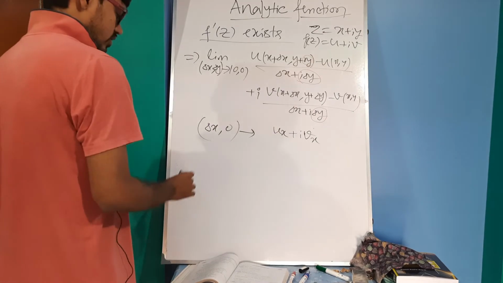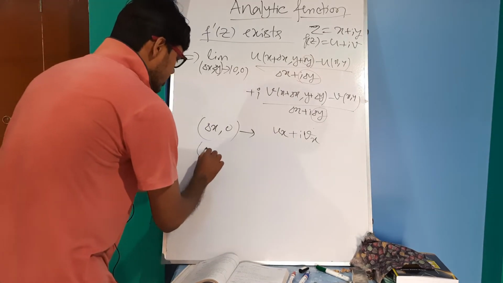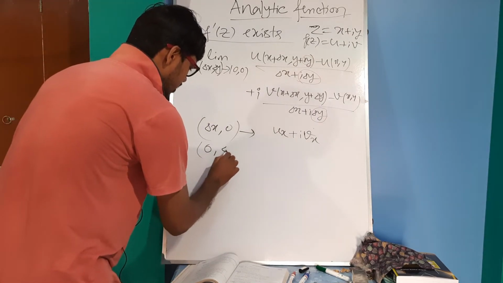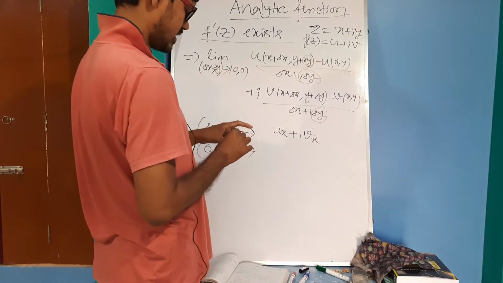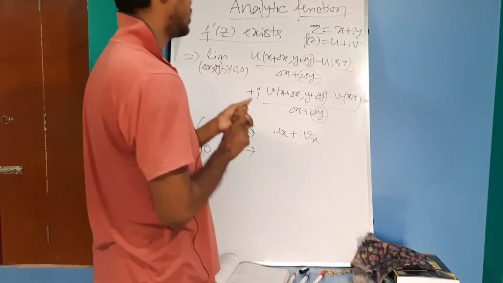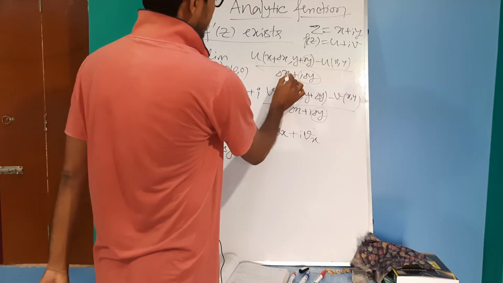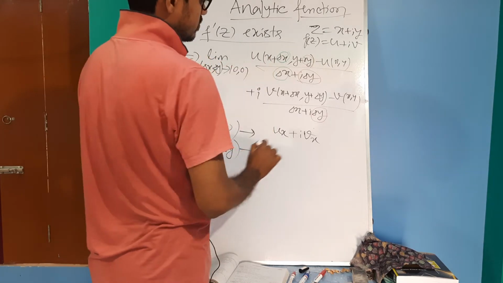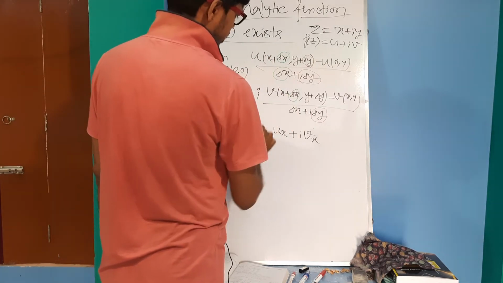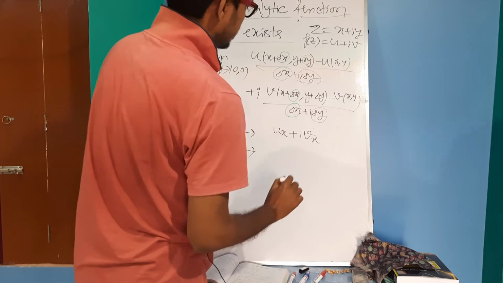Now if you put the limit from this line 0 comma del y, so in that case you have del x 0, this part is 0, and this part is 0, this part is 0.